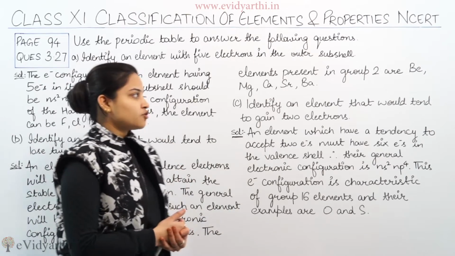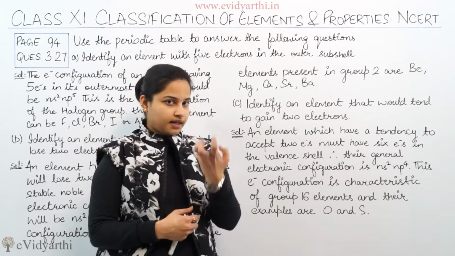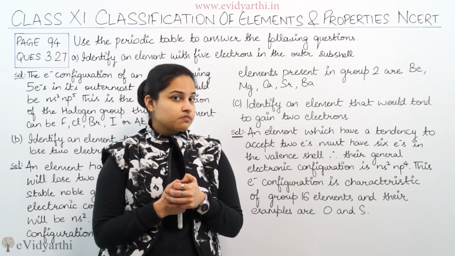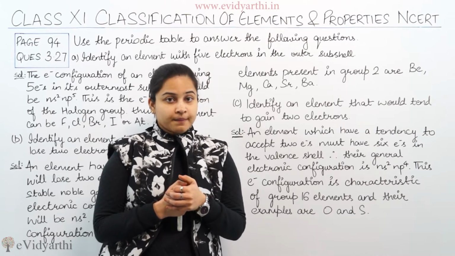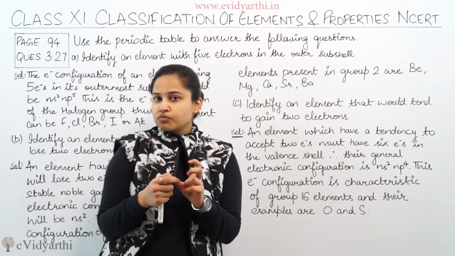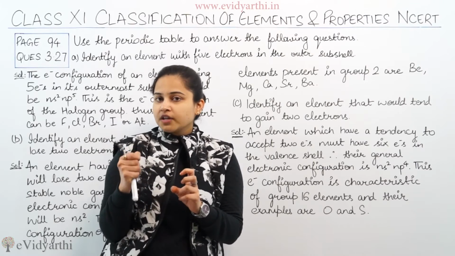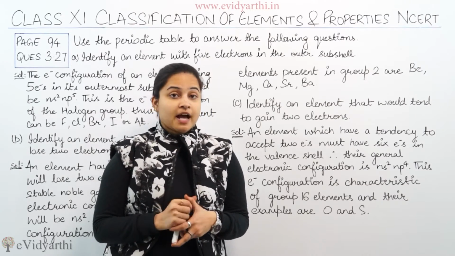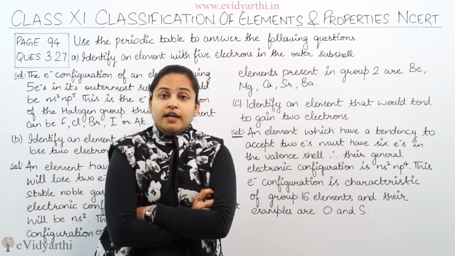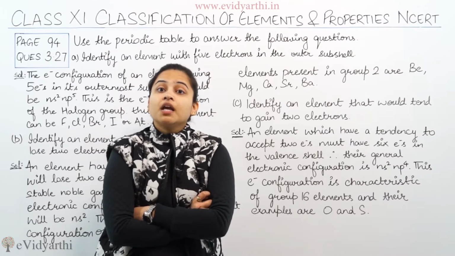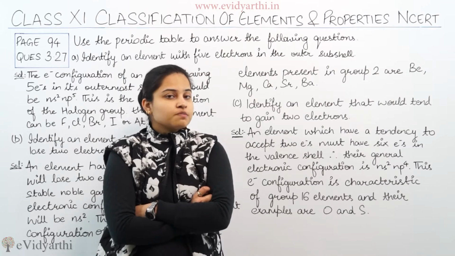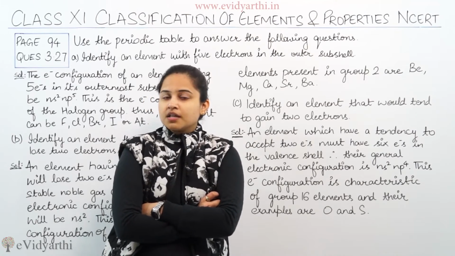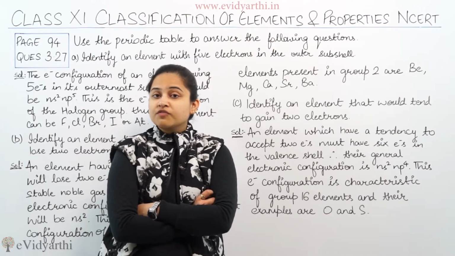An element that will gain 2 electrons must have an outermost or valence subshell with 6 electrons present. Because if 6 electrons are present, it needs to gain only 2 electrons to attain the stable noble gas configuration. That means the electronic configuration of the element would be ns2 np4. That means 6 electrons must be present in the valence shell of that element. And the electronic configuration ns2 np4 belongs to which family?